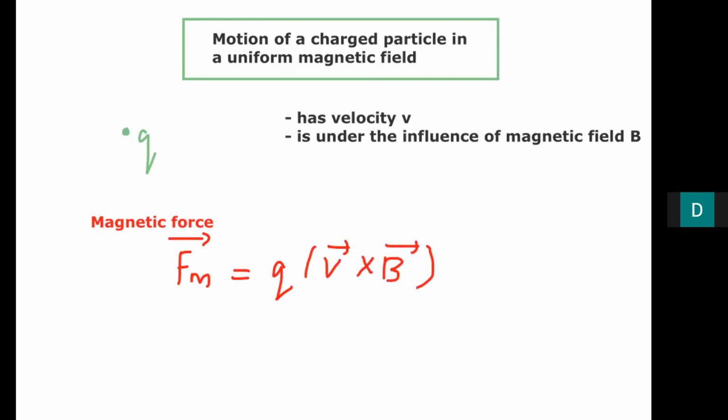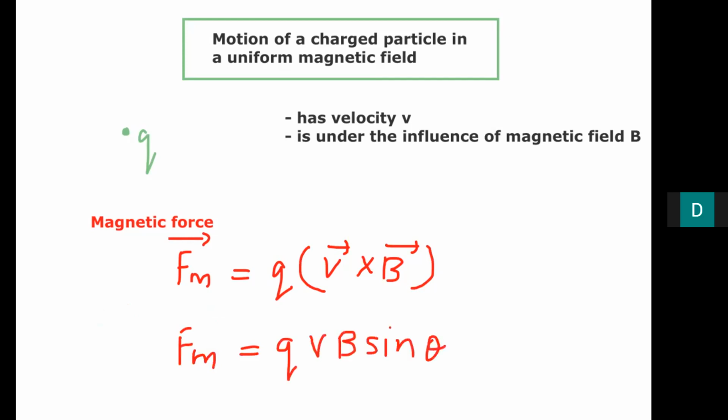Here, the velocity is going to be perpendicular to the magnetic field. But before that, we should write the equation in this format, that is Fm is equal to QVB sine theta.